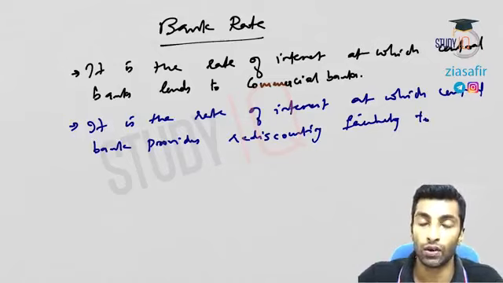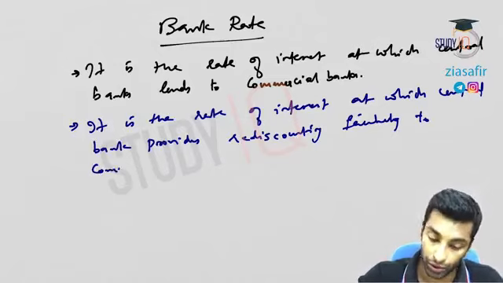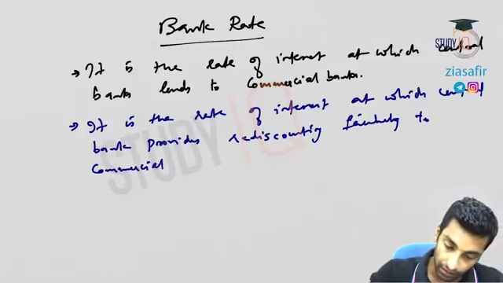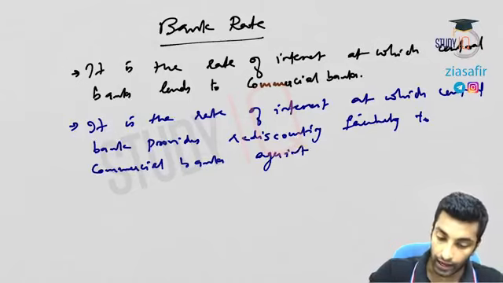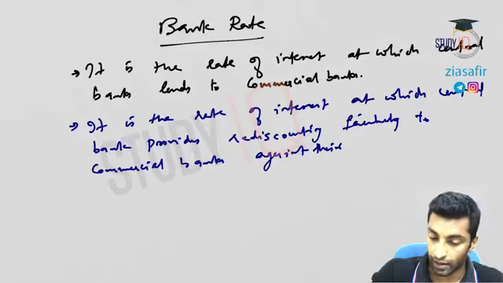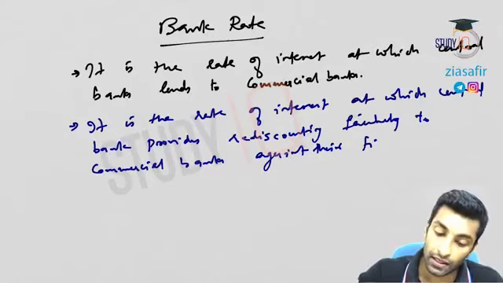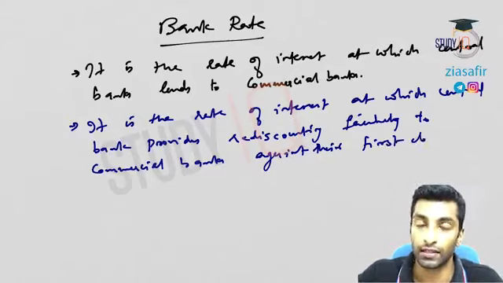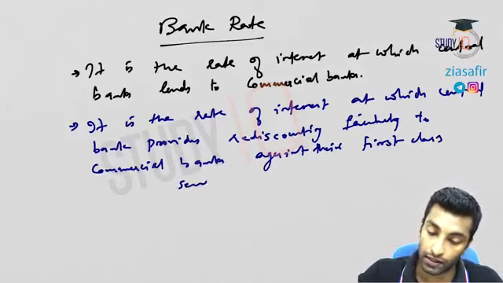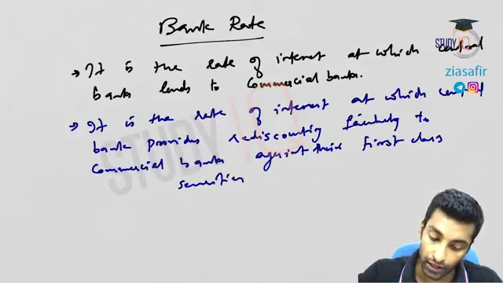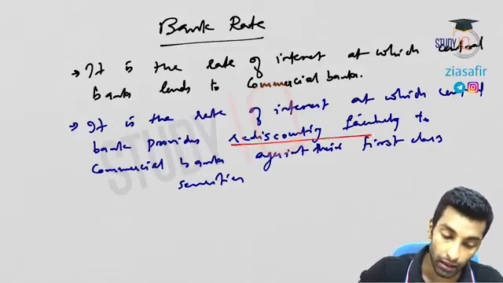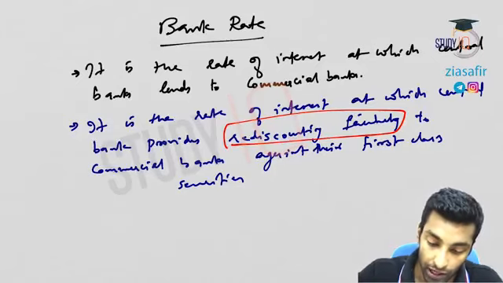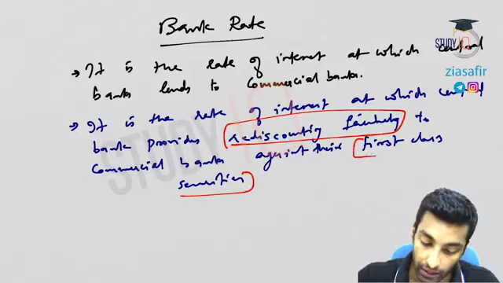I'll tell you what is rediscounting facility. Here itself I'll tell you, to commercial banks against their first class securities. I'll tell you what is first class securities also. First class securities. Okay, so just write down this definition and I'll explain this now. So we need to explain these two terms, rediscounting facility and this first class securities.